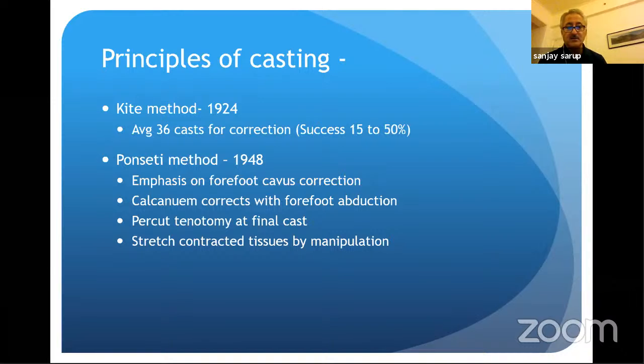He emphasized on forefoot cavus correction. Calcaneum corrects with the forefoot abduction. You don't have to correct the calcaneum deformity. Then at the end of the serial casting, you have to do a percutaneous tenotomy, and you have to stretch the contracted tissues by manipulation, which was never known before that period of time. So it was a big revolution.